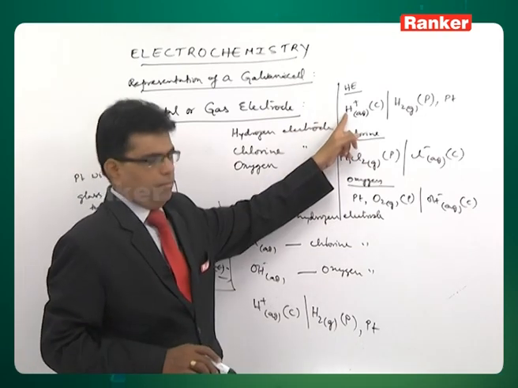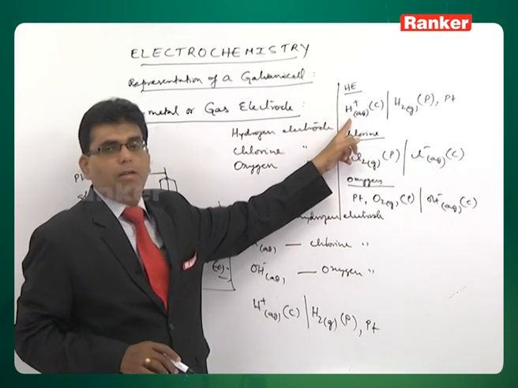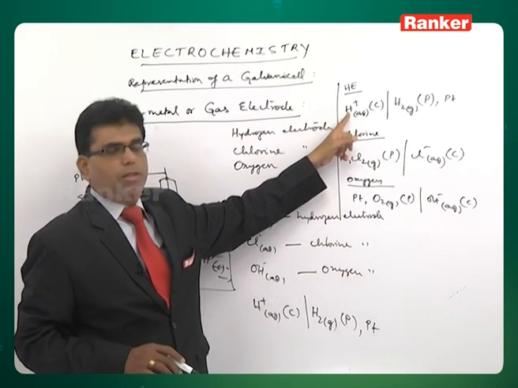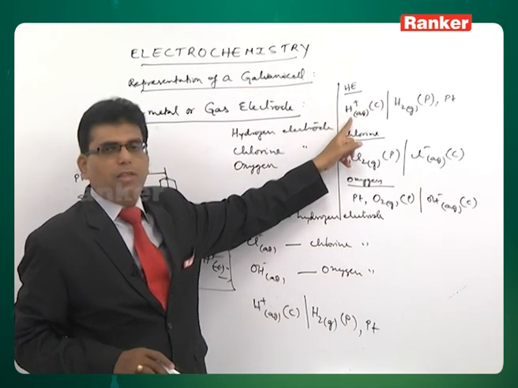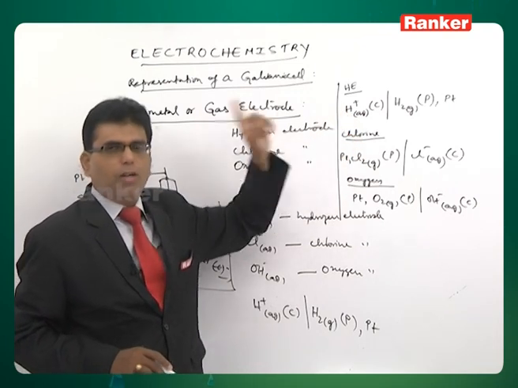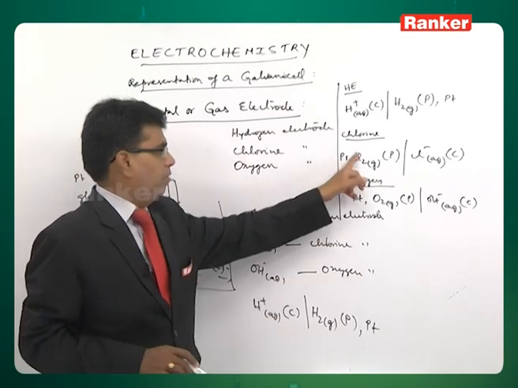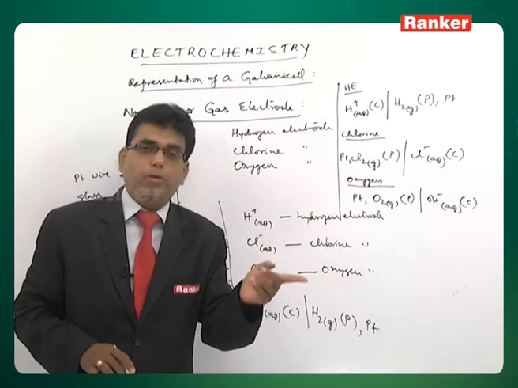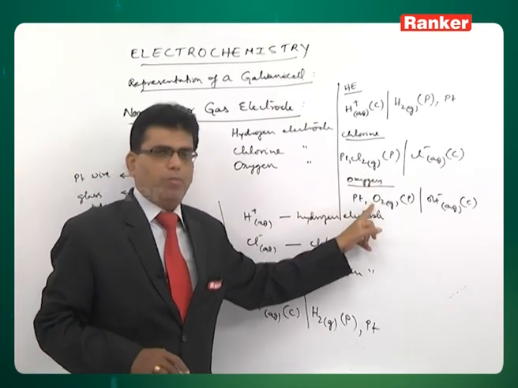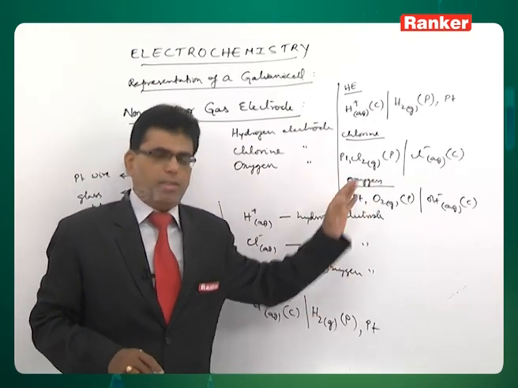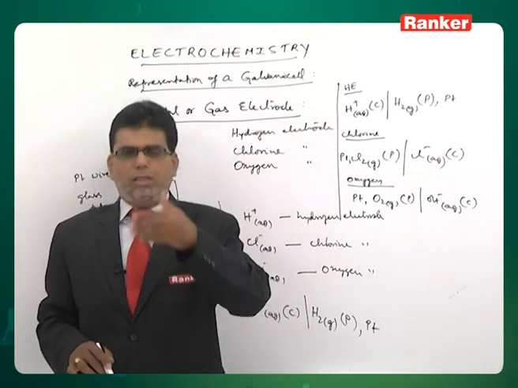If you take hydrogen, the standard reduction potential value is less than copper. So there, hydrogen will still be considered as anode and copper will be cathode, but with the other two, copper will be anode and whichever of these we are using will be cathode. One by one, we will see what the combinations are.